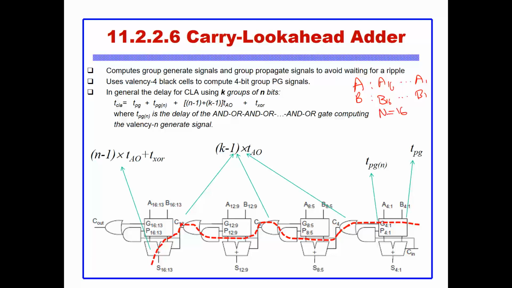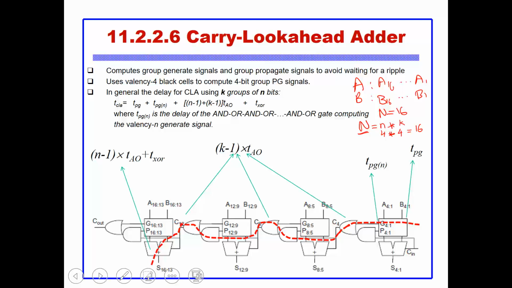We try to find small numbers, small n and small k, which when multiplied give us n. In this example, we chose small n to be 4 multiplied by small k, which we chose to be 4, and that gives me 16. Notice that n times k equals the uppercase N, and the uppercase N is the data width.